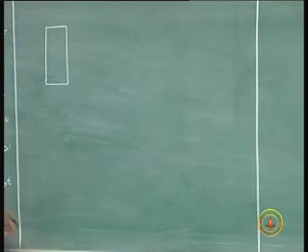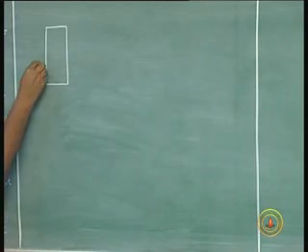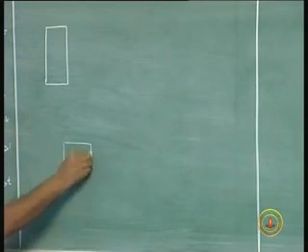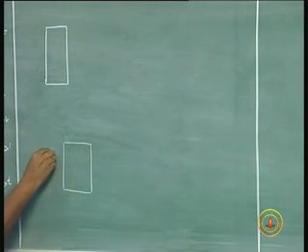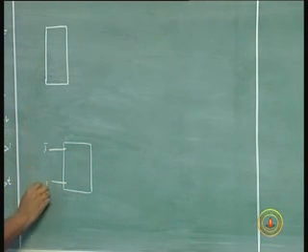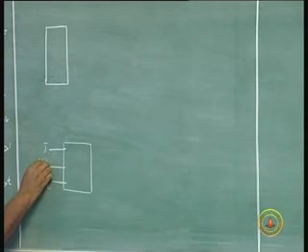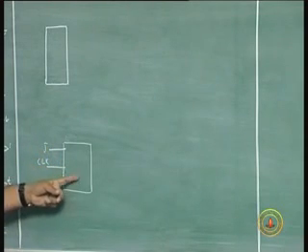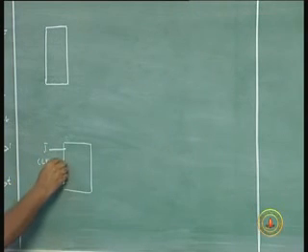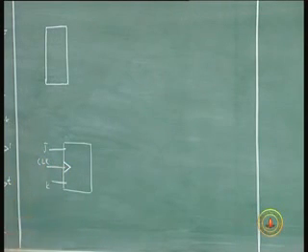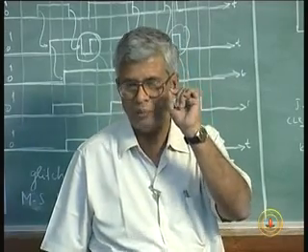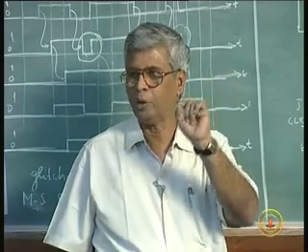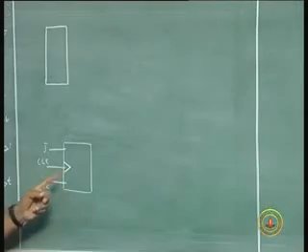So by the way, when you write the symbol, let us say JK, and put clock here, assume it is a level triggered flip-flop. If you think it is an edge triggered, you have to put an arrow like this, a knife edge. It is a point, means that there is only one point in time, at one instant time the output can change. This is called edge triggering, symbol for edge triggering.